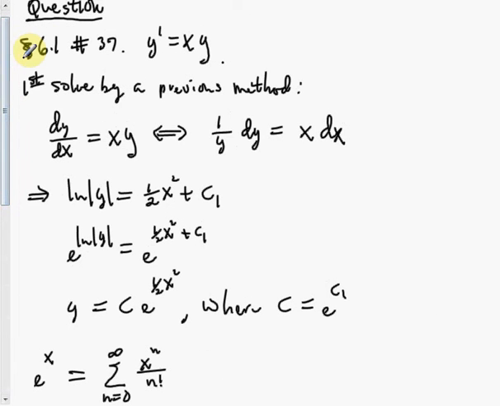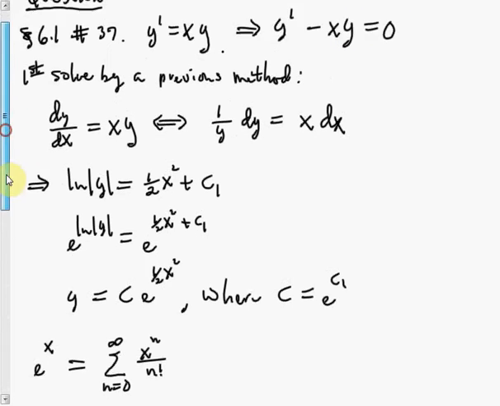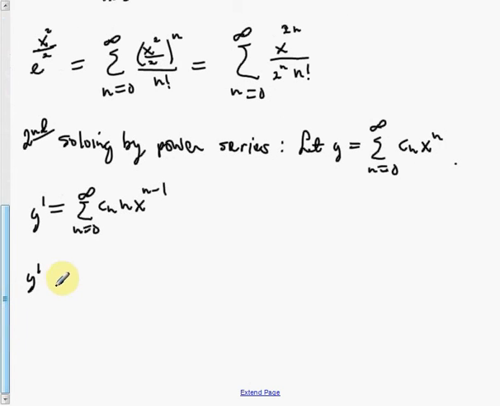You know, this is the same thing as saying y prime minus x times y is equal to 0, right? So we can just say that. So here, this is y prime minus x times y.